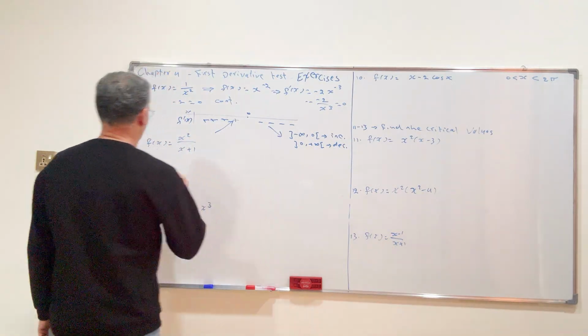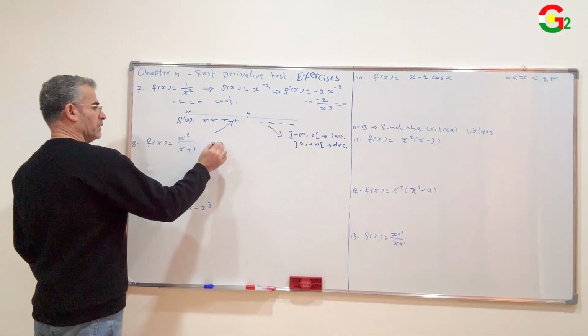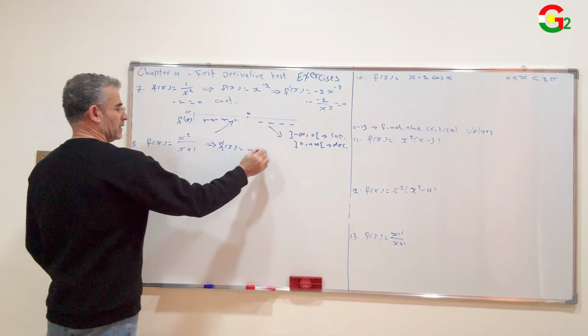Question number 8, f of x equals x power 2 over x plus 1. Find the derivative of this function to find the critical point.